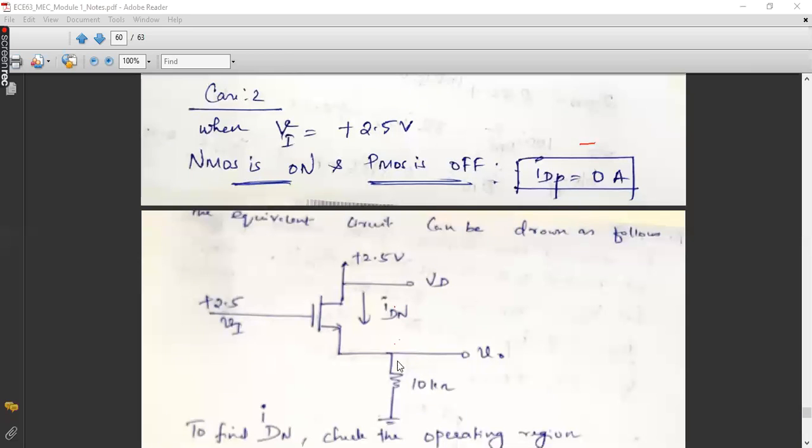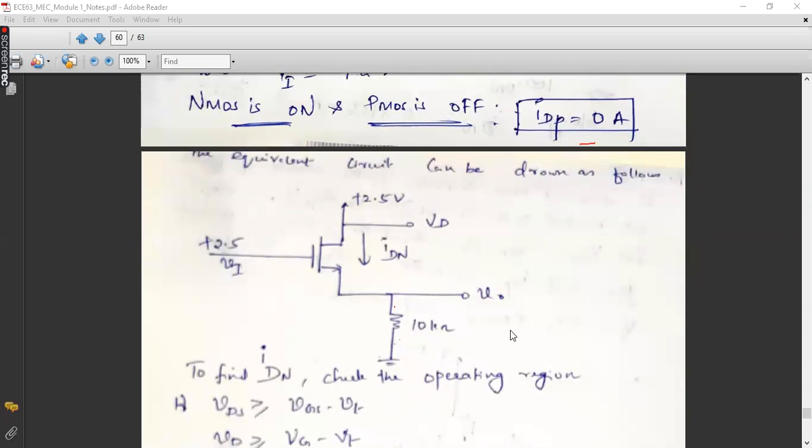And at the source terminal, we are having the resistance, and across the resistance we are taking our output. Any doubts regarding this circuit? I have drawn this by considering my PMOS as an off switch and NMOS as an on switch. So the entire current IDN will flow through the output resistance.